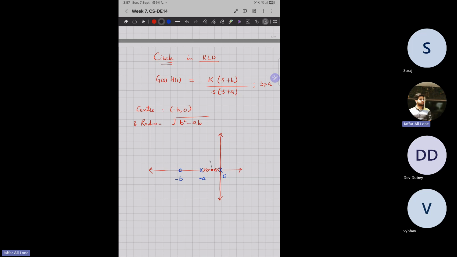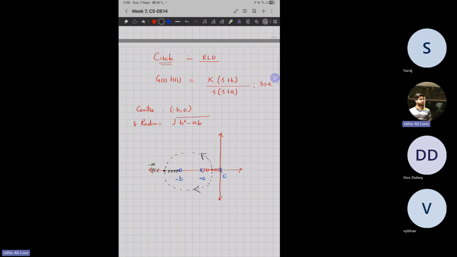Now, can I draw it like this? From here there will be a breakaway point, and somewhere here we have minus infinity. Between two poles there is a breakaway point, and between two zeros there is a break-in point. So you will get something like this. One branch will go to infinity, and the other will converge to the zero.